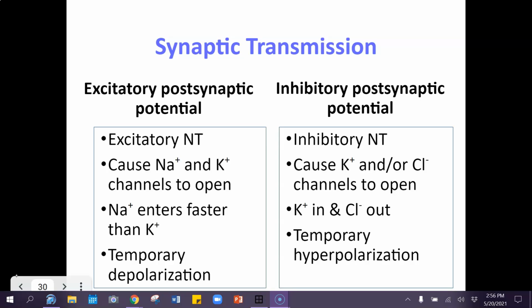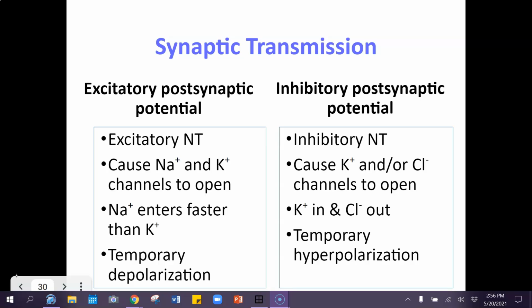And that's going to cause sodium to enter into the cell and a little bit of potassium also. And that's going to cause a temporary depolarization in the area of the receptor for that neurotransmitter, and then it's going to radiate outward from that point.